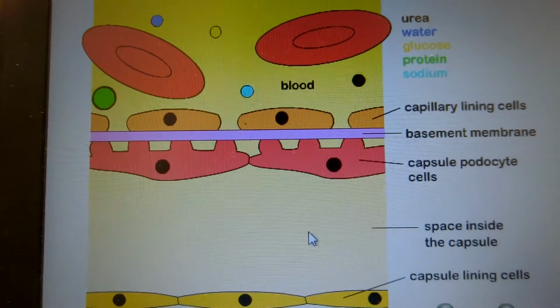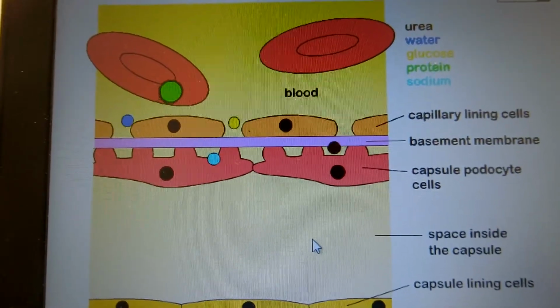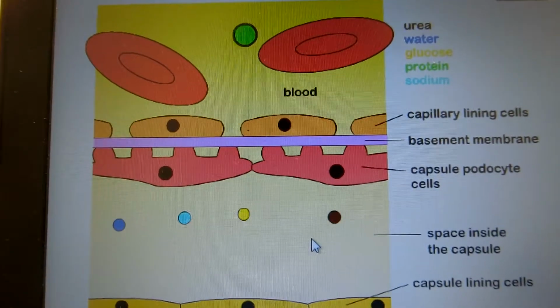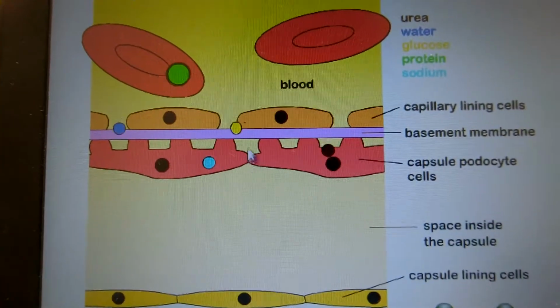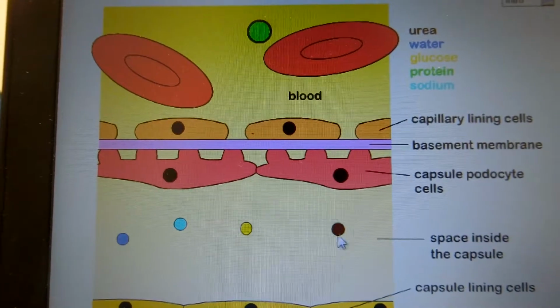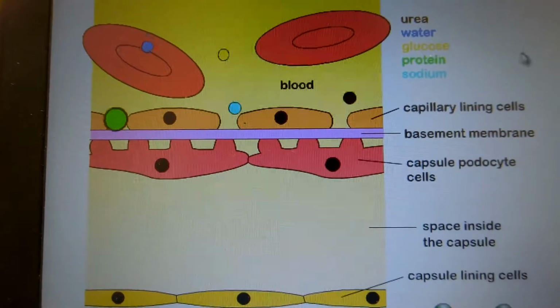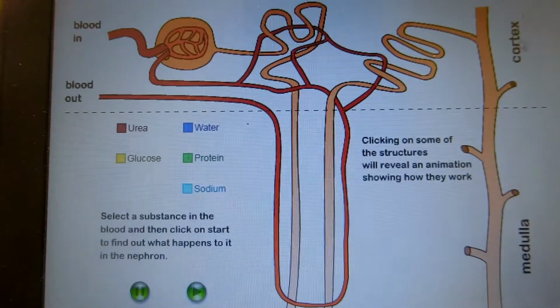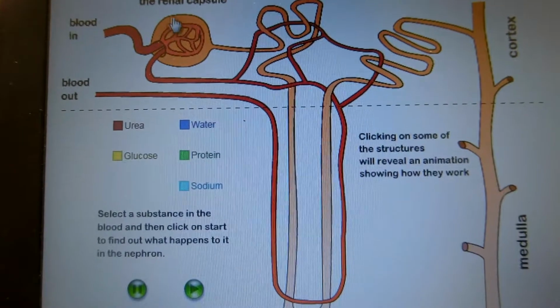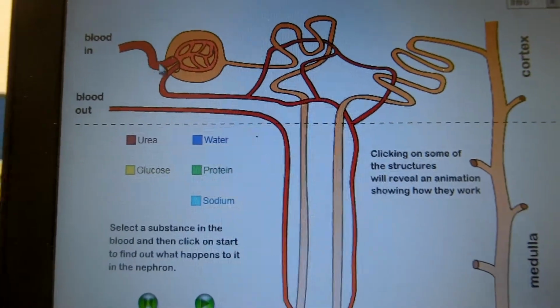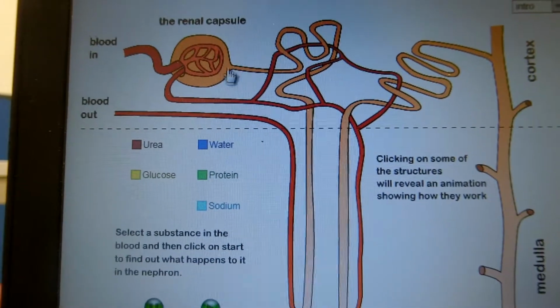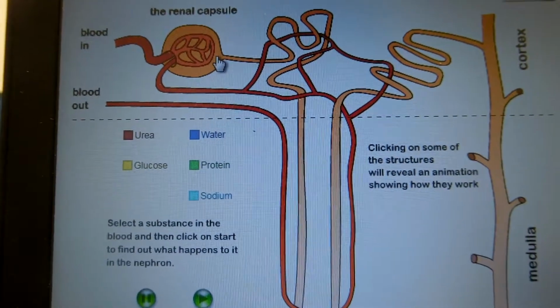During ultrafiltration, most of the water, most of the minerals, most of the nutrients are filtered into your nephron. Going back to the structure of your nephron, most of your water, nutrients and minerals are filtered from your blood into your Bowman's capsule, into the nephron at this particular point.